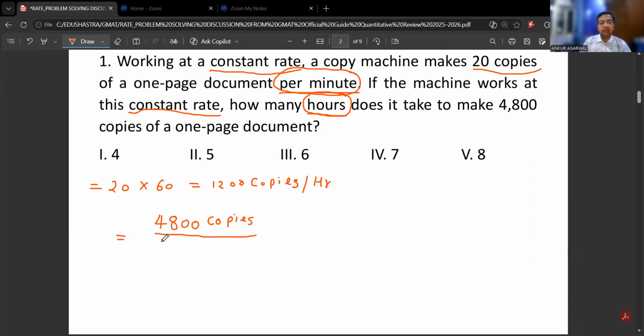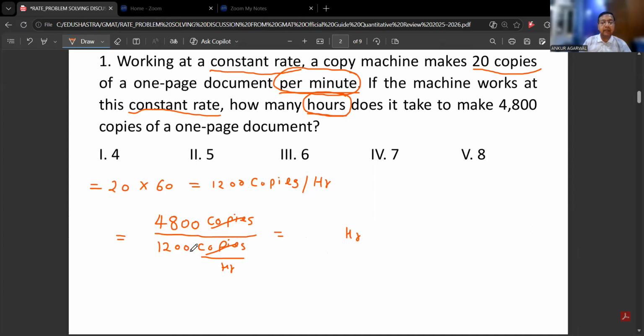What is my rate? This is 1200 copies per hour. So copies will cancel out copies, and your answer will come out in hours, because the question is asking for how many hours.